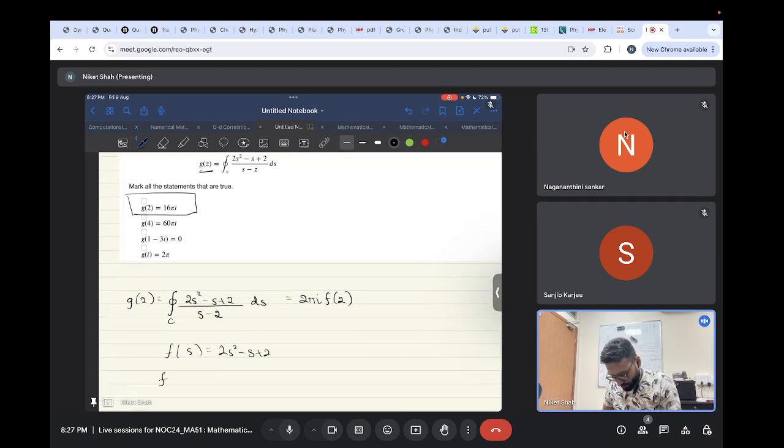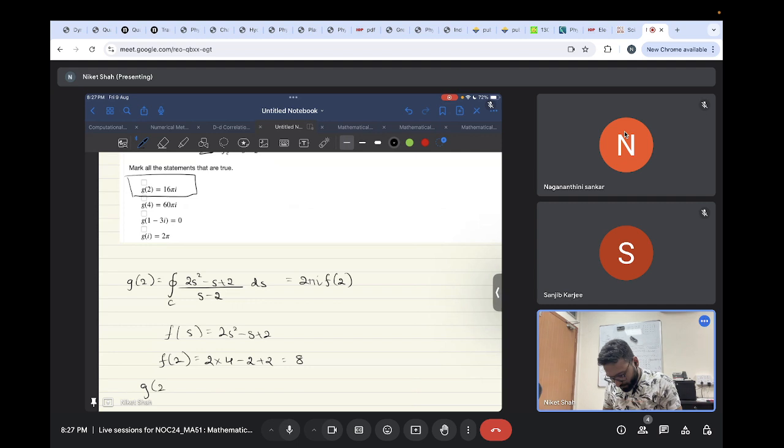So f of 2 is what? 2 into 4 minus 2 plus 2, which is 8 minus 2 plus 2, which is 8 itself. So therefore, g of 2 is equal to 2 pi i into 8, which is 16 pi i, which is the answer.